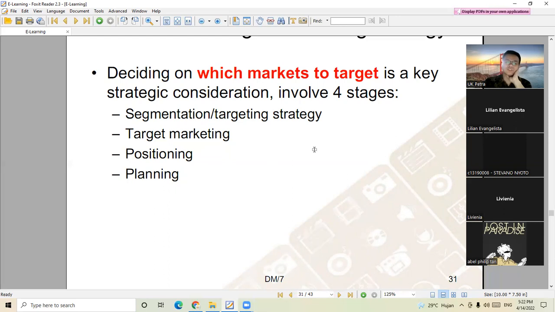Then targeting and positioning. You have to position your brand, and of course you have to do planning. We call this STP. This is very famous in marketing. We choose our target market or target customers, and we position our product or service against our competitors.